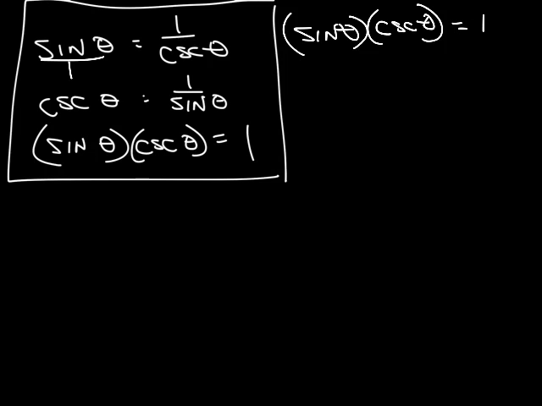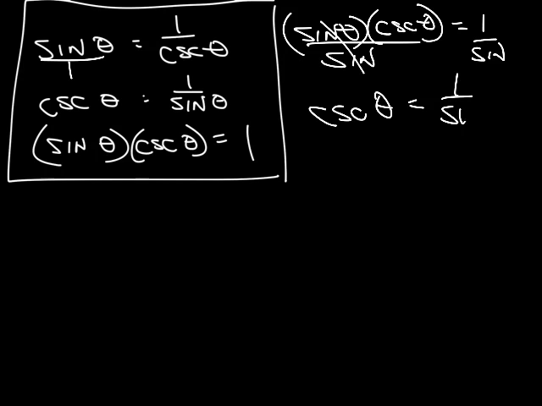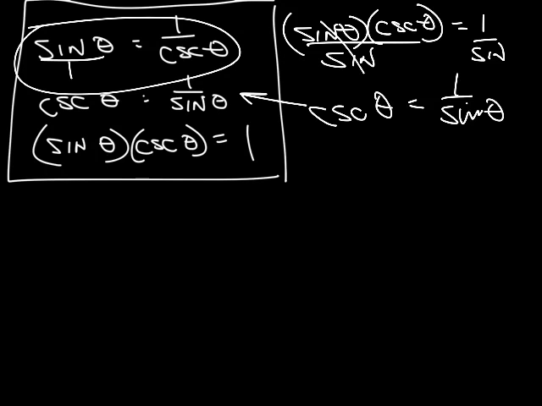And if we keep going, we divide both sides by sine. And that cancels, and we get cosecant of theta equals 1 over sine of theta. So that's how we get the second one. So we just manipulated this one here in order to get the next 2, is all we did.